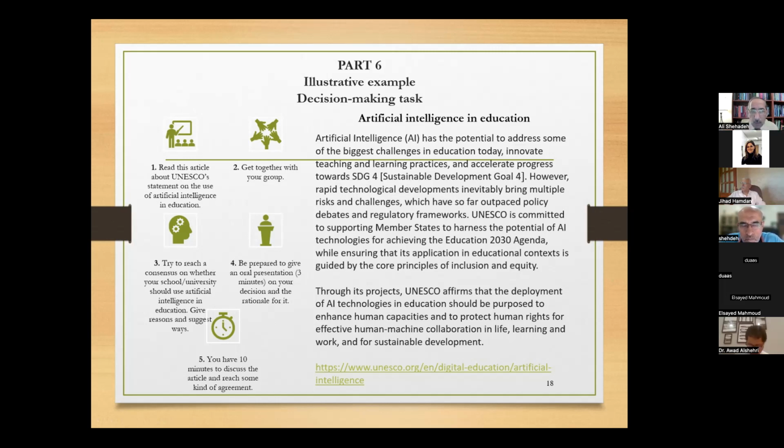Then get together with your group. Try to reach a consensus, unanimity, ijma', on whether your school or university should use artificial intelligence in education. Give reasons and suggest ways. Be prepared to give a 3-minute oral presentation on your decision and the rationale for it. And finally, you have 10 minutes to discuss your article and reach some kind of agreement.